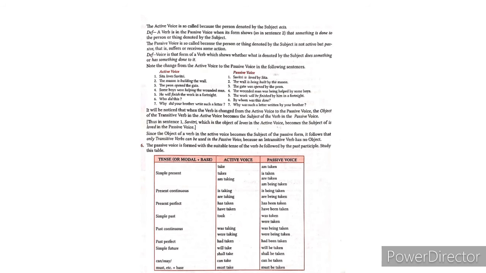When the active voice is in present tense, for example, love, we add the be verb when we change from active to passive. When it's simple present, we just add the be verb: is, are, and am.